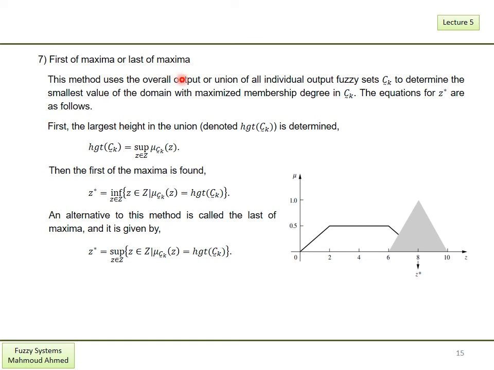What does this mean? We can see in this shown membership function, we have the first membership function given as a trapezoid, and the second membership function is given as a triangle.